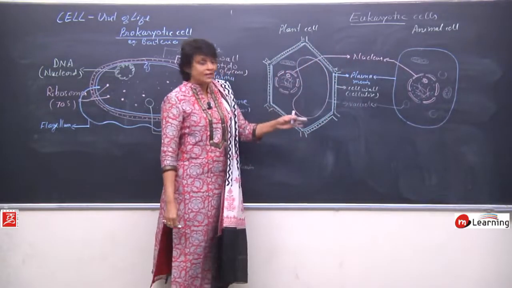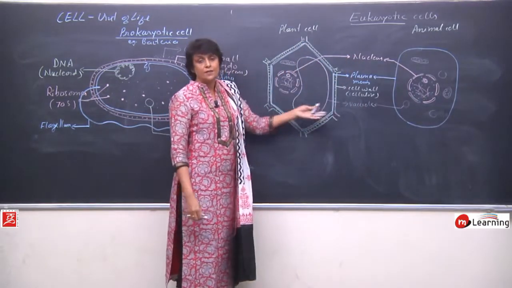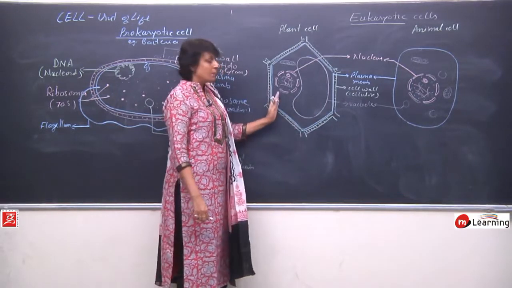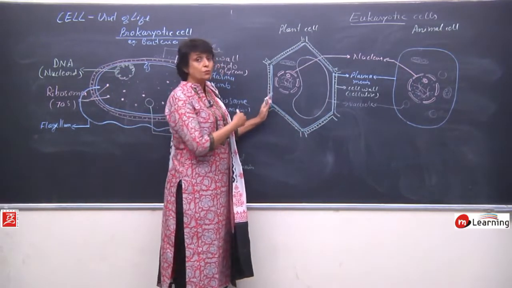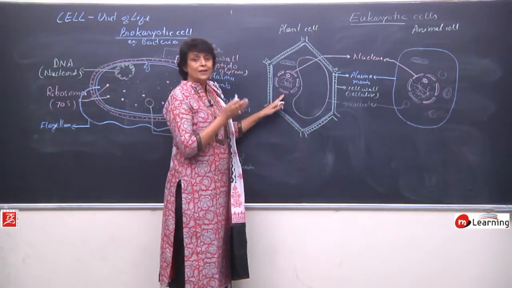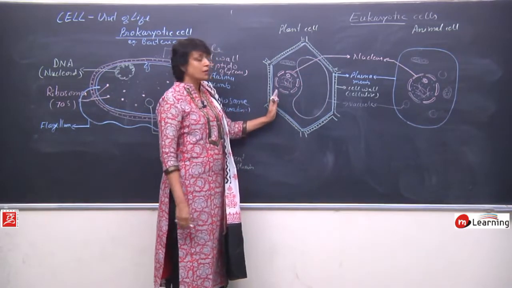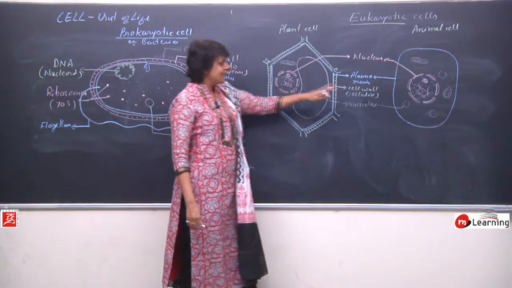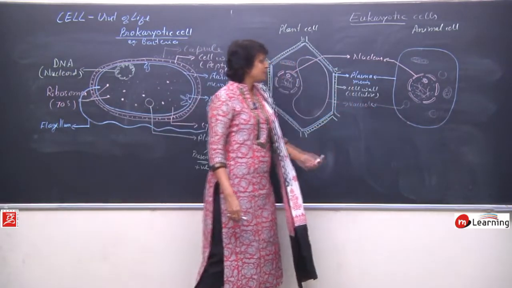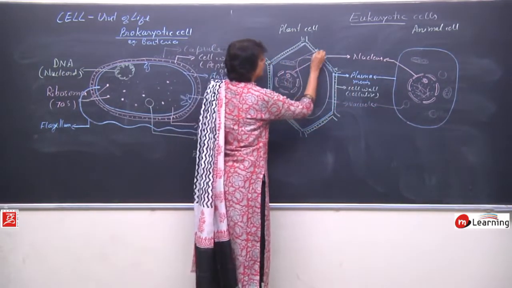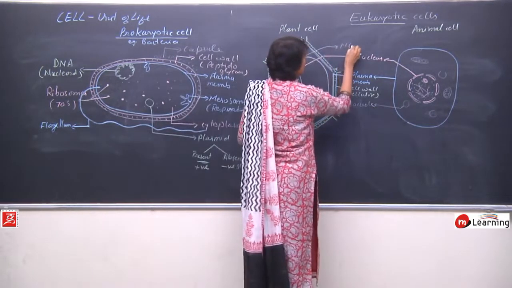If the cell is more active it would have more number of mitochondria, if it is less active it will have less. Plant cells are less active as they don't have to move from their place or the metabolism is little slower, so the number of mitochondria here are less as compared to the animal cells. So this structure which we have drawn here is mitochondria.